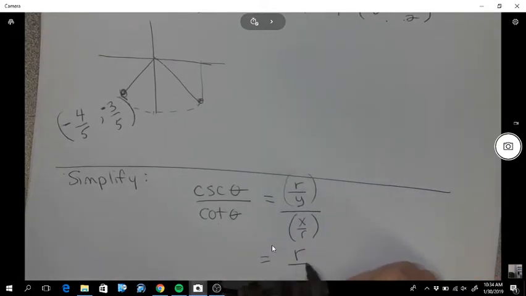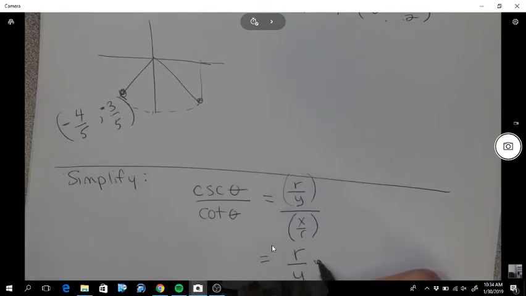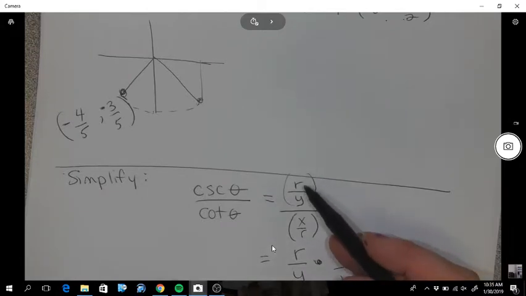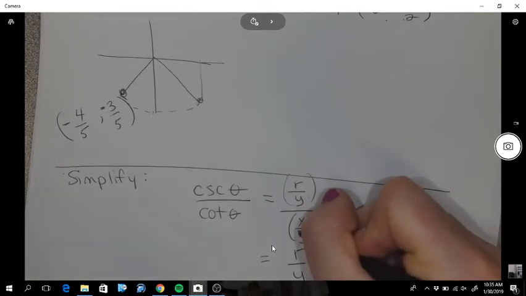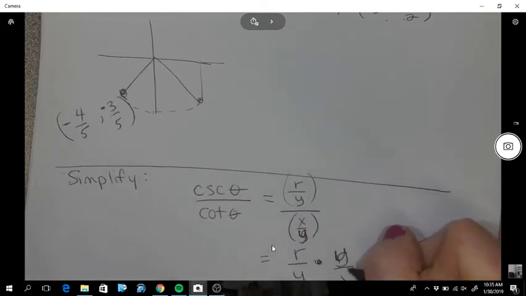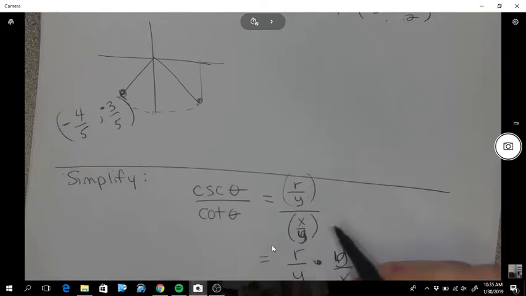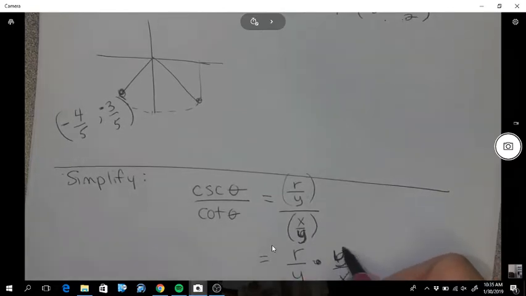Now I'm doing y over r, and instead of dividing by this fraction, I'm going to times by, oops, sorry, here we go. Made a mistake there. X over y is the opposite of tangent.